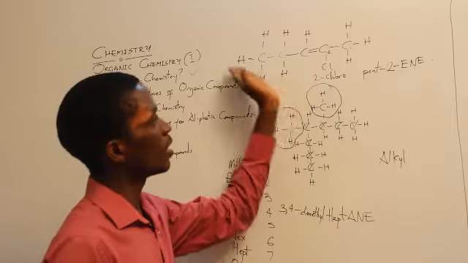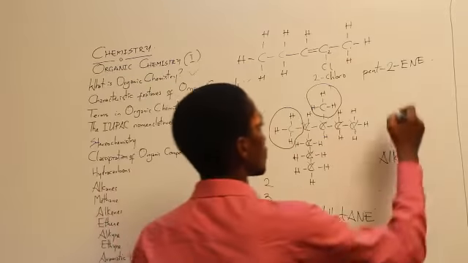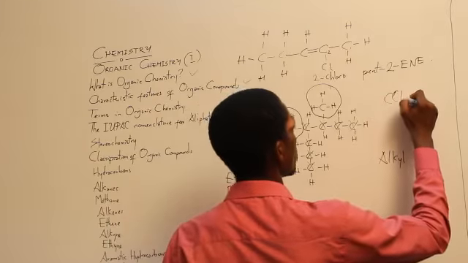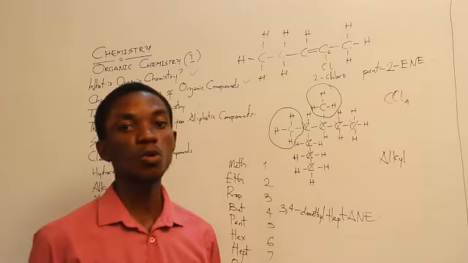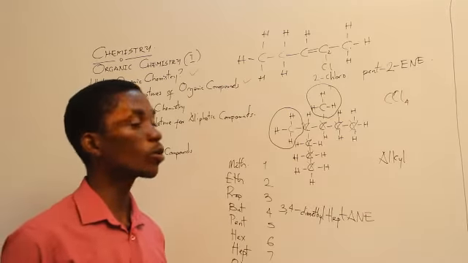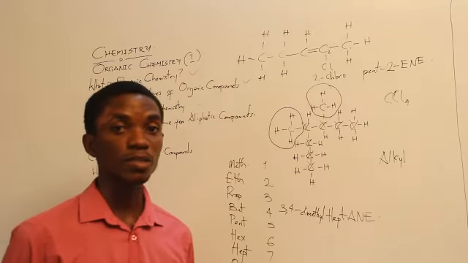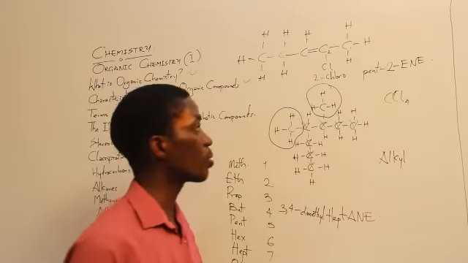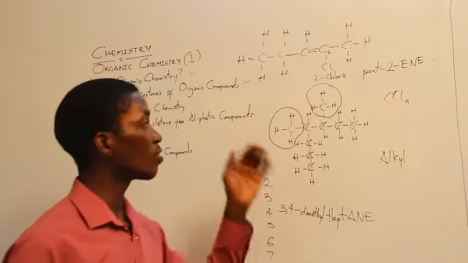Peradventure, I'm having 3 chlorines, just like CCl4. CCl4 is the most stable chloromethane. It is used as a refrigerant. But when we want to name this, we simply call it chloromethane.